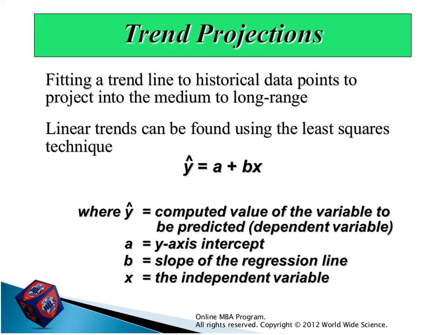This method uses a linear equation: Y equals A plus B multiplied by X. Y is the dependent variable, X is the independent variable. A and B are constants. This is a linear equation that all of you know from high school. Linear equations mean the trend.